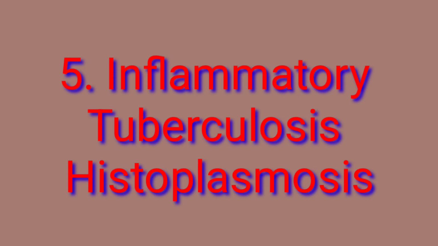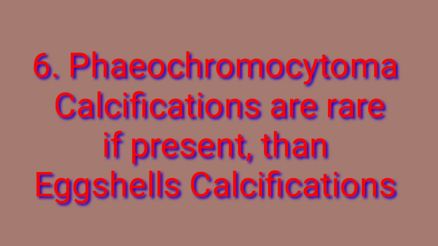But mind you, you should also take the history, because the history will support you in diagnosing these inflammatory conditions. And in the end, I will include pheochromocytoma. Pheochromocytoma is an adrenal disease with calcification, but calcification in pheochromocytoma is very, very rare.